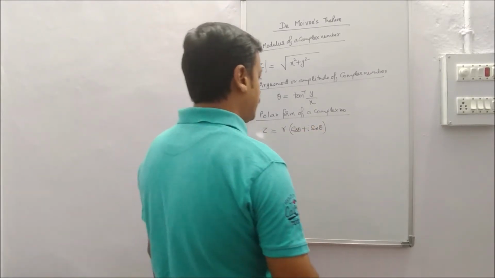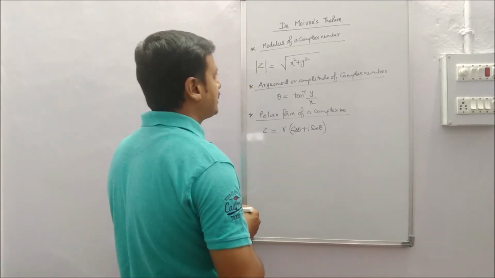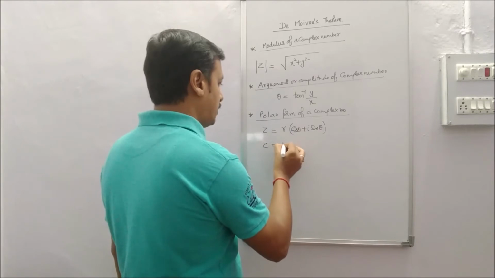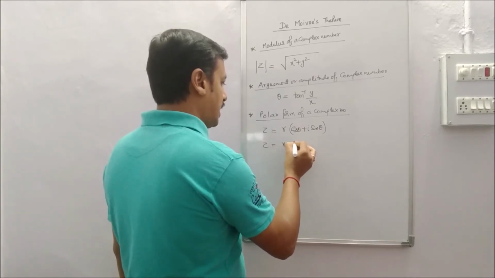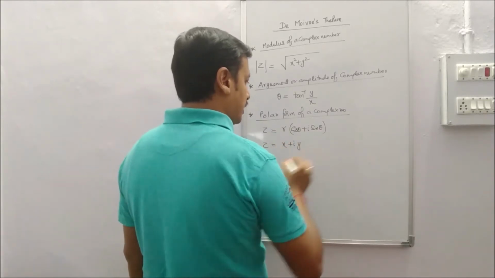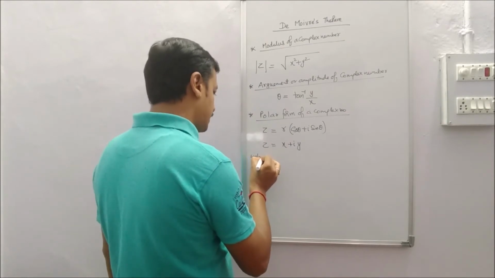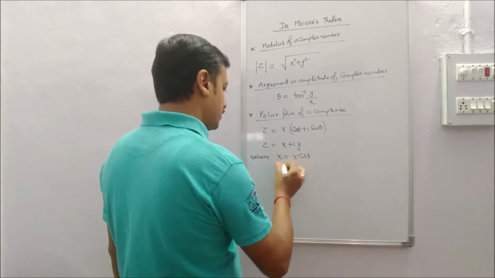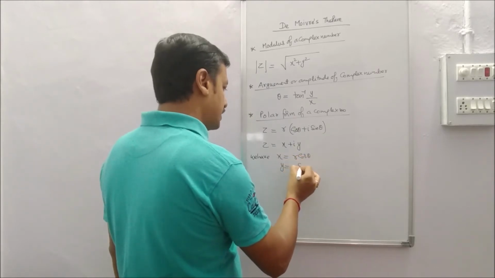If we compare it with the Cartesian form of the complex number, that is z is equal to x plus iy, then we have x is equal to r cos theta and y is equal to r sin theta.